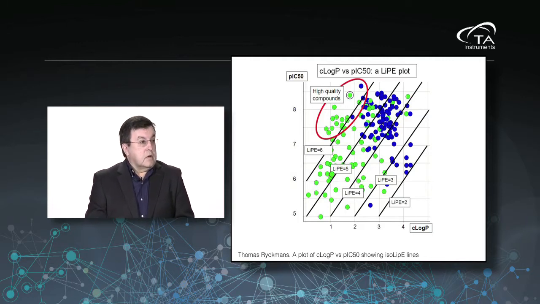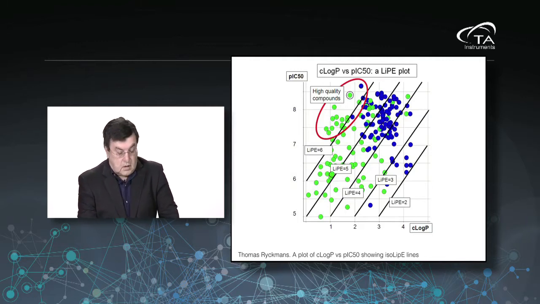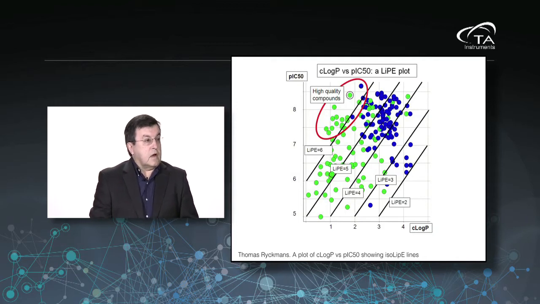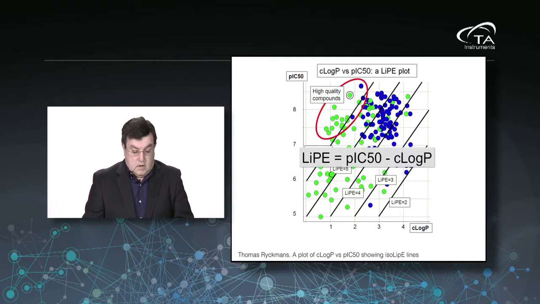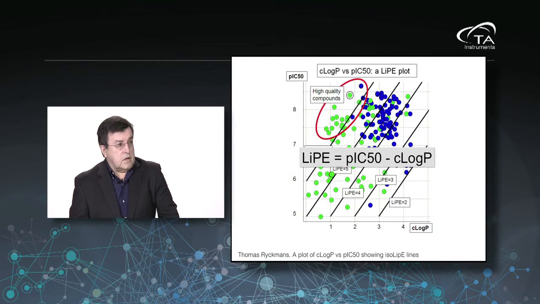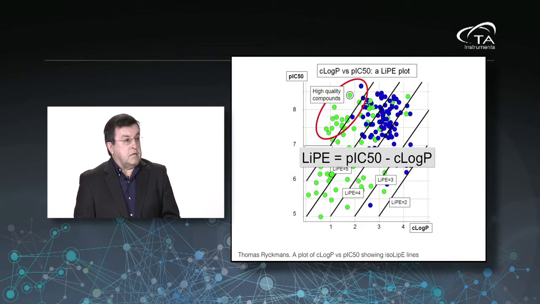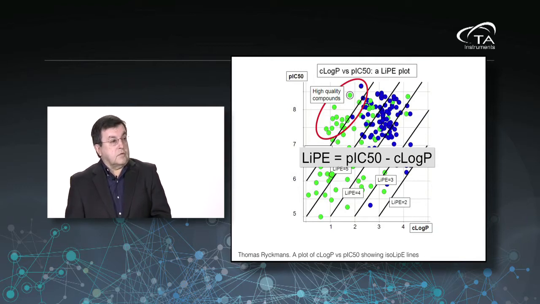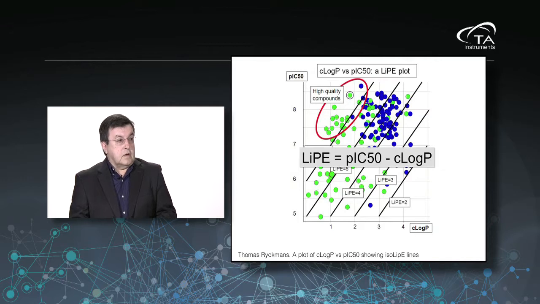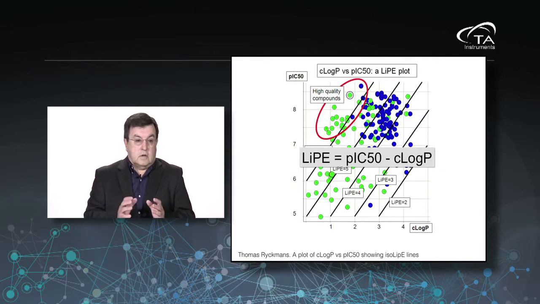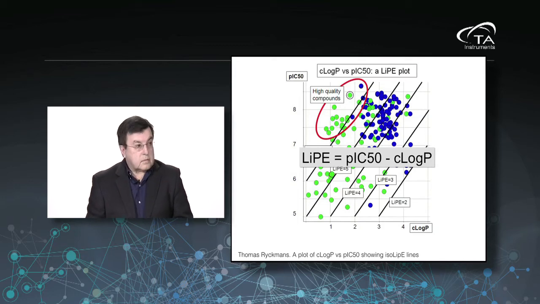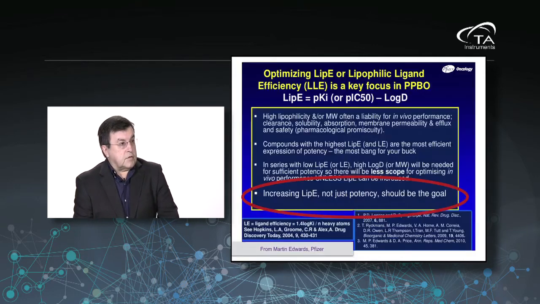And that has been noticed, and a new metric has been established, which is called the lipophilicity index of the compounds, LipE, which is the difference between the affinity, or the IC50, minus C log P, which is the hydrophobicity. Basically, how much of the affinity is not due to hydrophobicity. And that has been established as a metric.